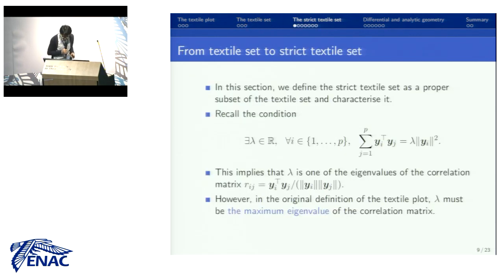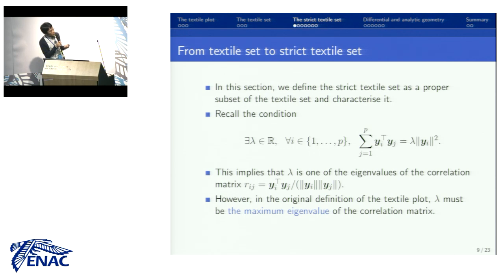As the next topic, we define the strict textile set, which is a proper subset of the textile set. Let us recall this condition, the first condition of the textile set.